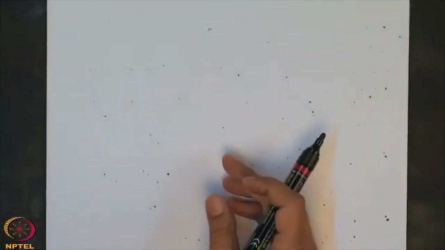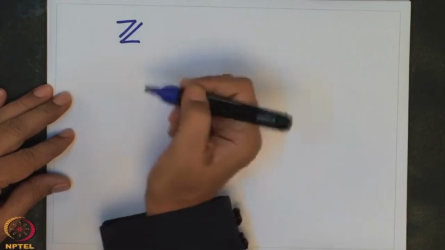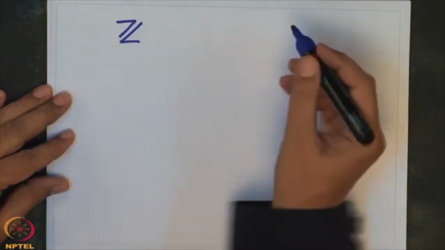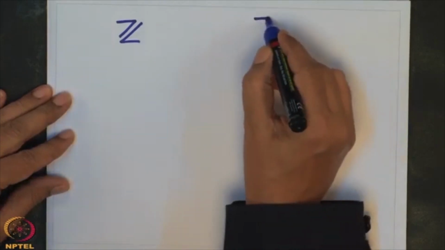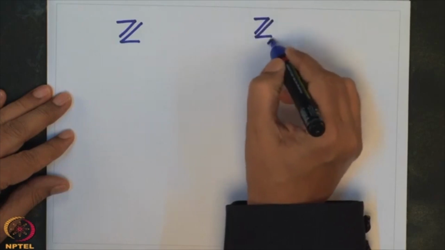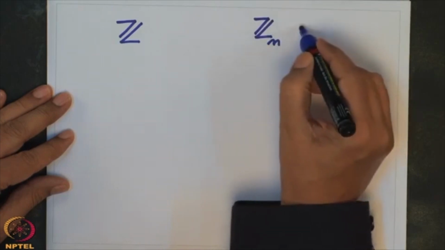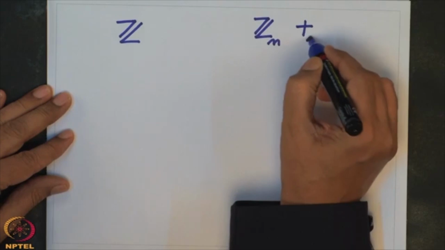For example, any concept we should be supporting by examples, right? For example, let us take our ring Z and we have this ring Z mod n. This is the modulo operation, this plus, dot, plus n, you remember.